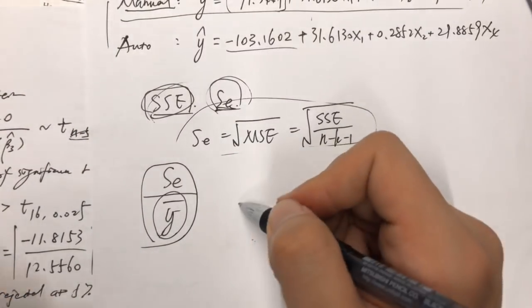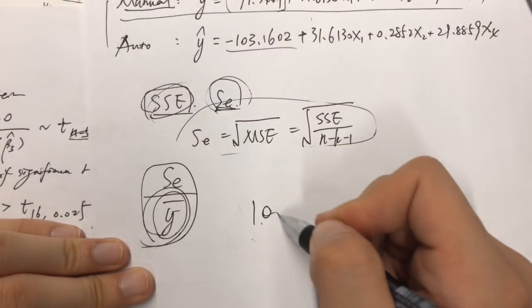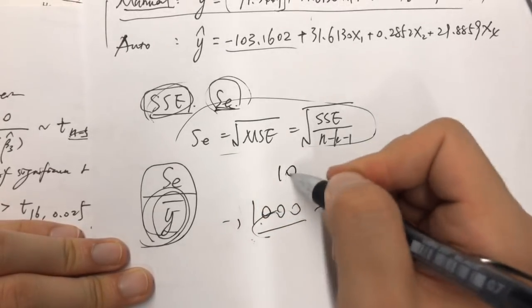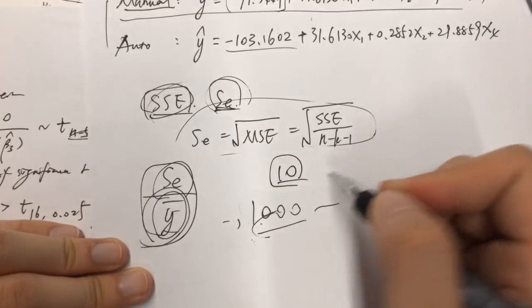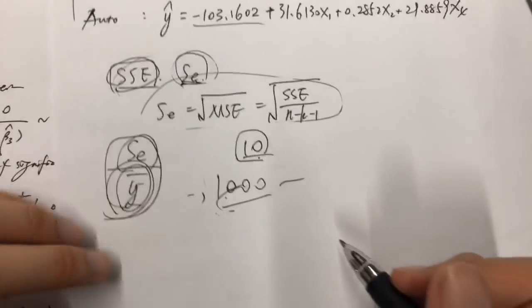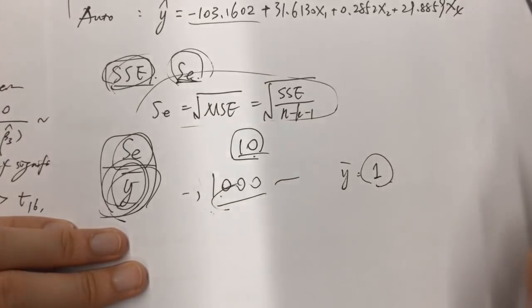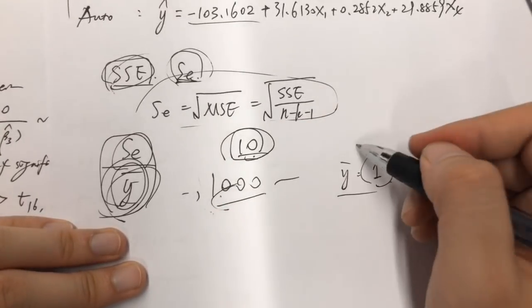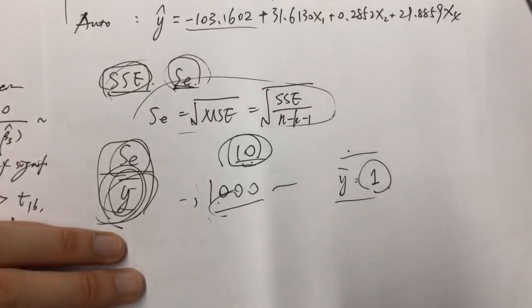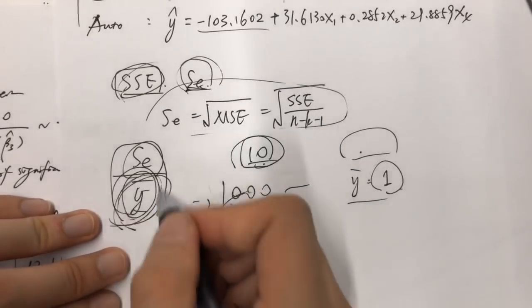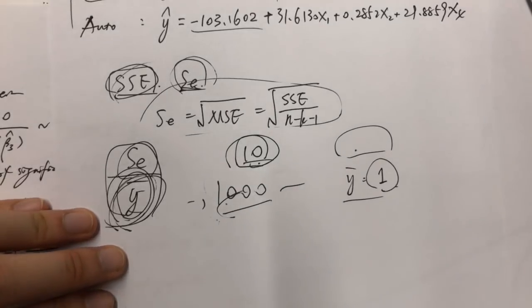So for example, if your data is around 1,000 something as a y bar, then a standard error of 10 is not a large number, right? However, if your y bar is around just 1 something, then 10 will be a very large discrepancy, right? So it depends on the magnitude of your data.